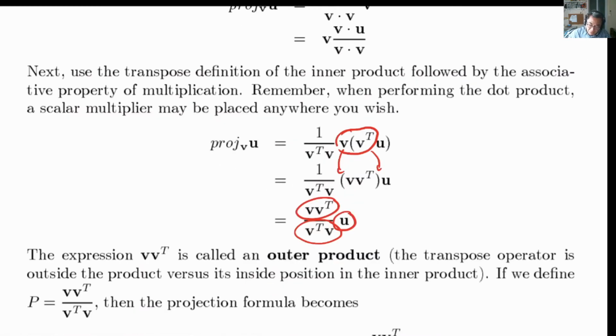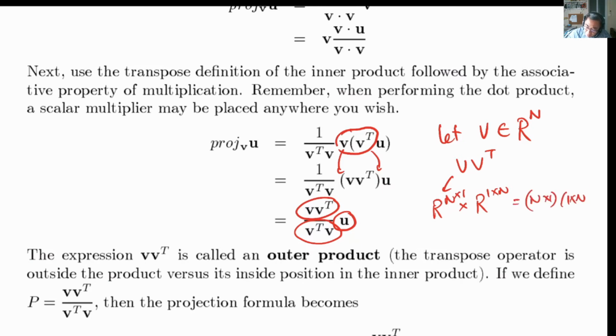What is V transpose? Let V be an R^n vector. V times V transpose is R^n multiplied by R^(1 by n). So actually on the left is n by 1. 1 by n means n by 1 times 1 by n will get an n by n matrix.